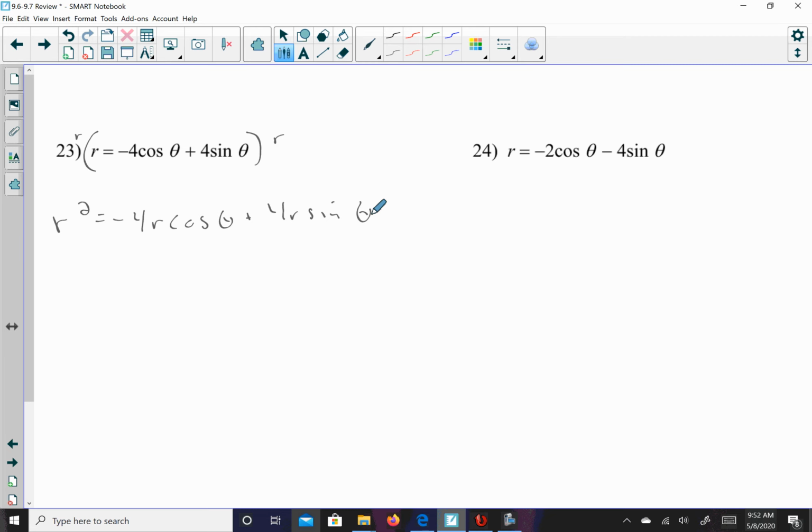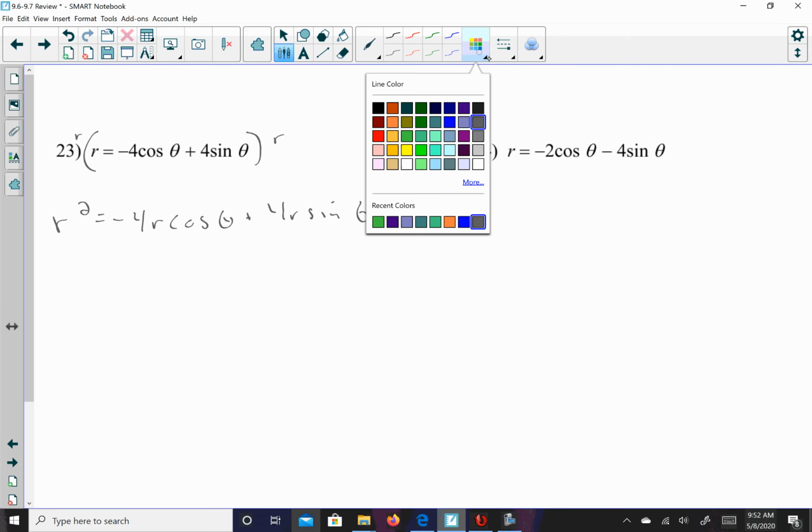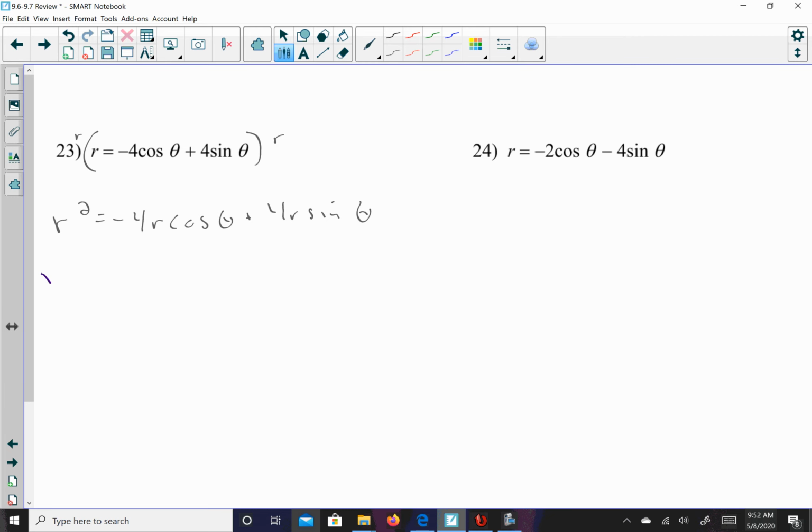When I multiply both sides by r, this r squared I can make x squared plus y squared, because that's what r squared is equal to. This 4r cosine will be 4x. This 4r sine will be 4y.